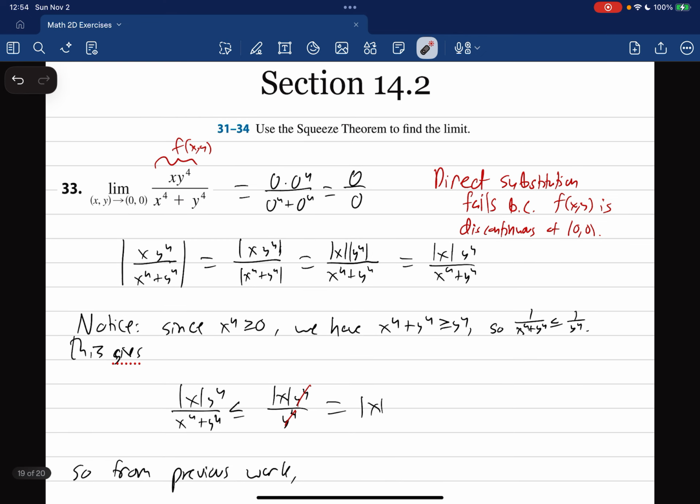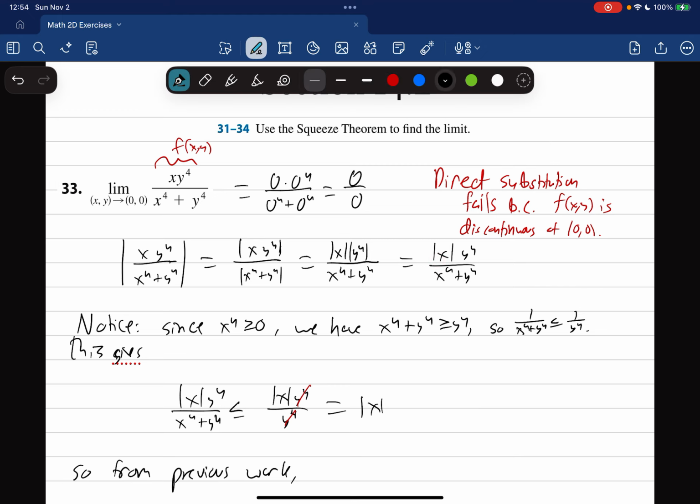So next key idea for me was to take the absolute value of this and then just clean up things a bit so I get this nice expression. And let me clean up this 4. I am so sorry. x to the 4th and y to the 4th.